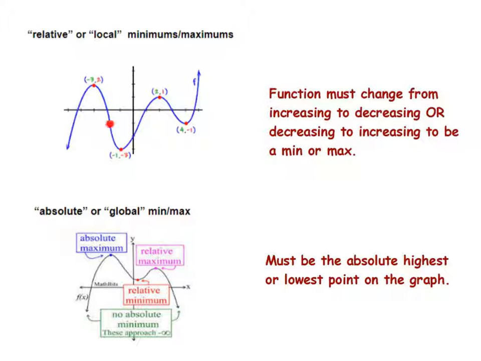Or it changes from decreasing to increasing, in this case a relative minimum. Over here we have another relative maximum, and here is a relative minimum. In order for you to call it a minimum or maximum, it does have to change from either increasing to decreasing or decreasing to increasing.